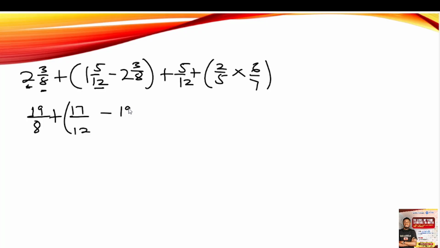So 19 on 8 bracket close, 5 on 12 plus, then here too is multiplication. So we multiply the numerators separately, and we multiply the denominators too separately. So 2 times 6 gives us 12, 5 times 7 gives us 35.